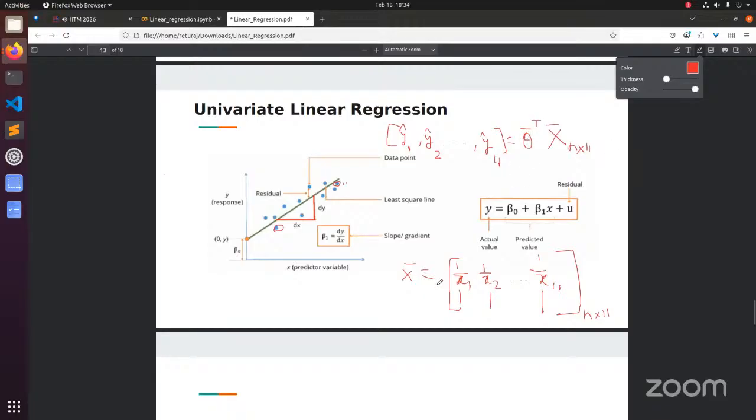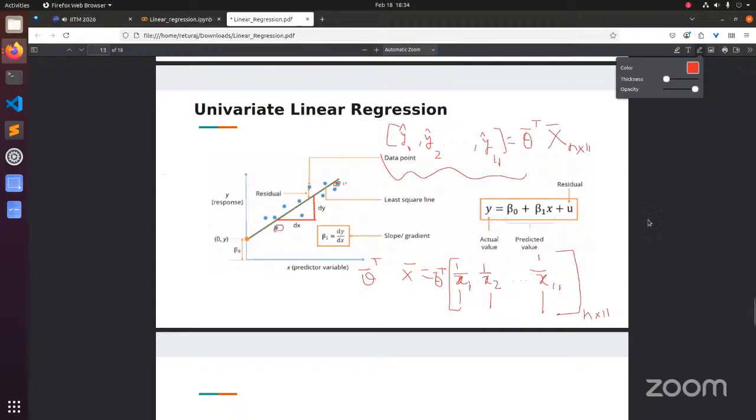Theta transpose times x1 gives y hat 1, theta transpose times x2 gives y hat 2, theta transpose times x3 gives y hat 3, and similarly theta transpose times x11 gives y prediction 11. So these are the predicted values. Everyone is okay till this point? Yes, sir.